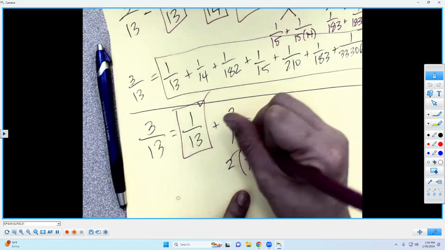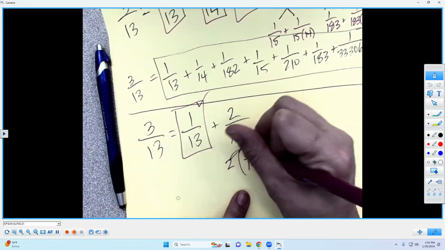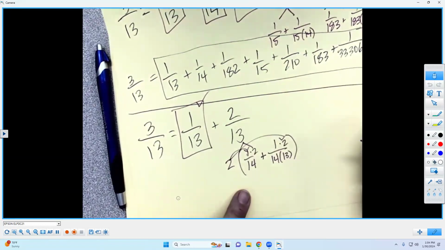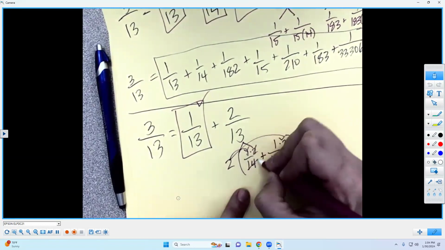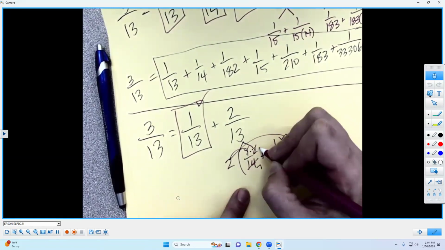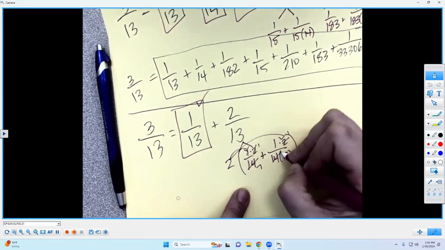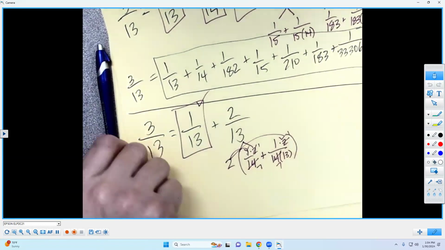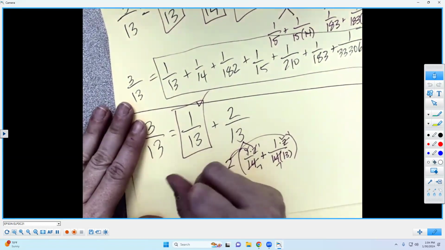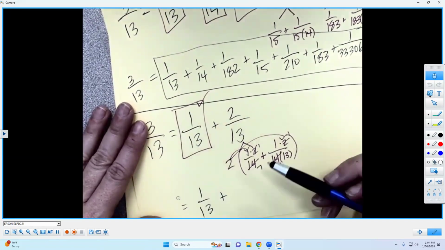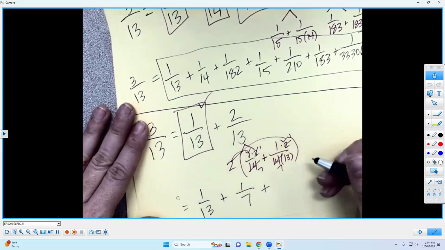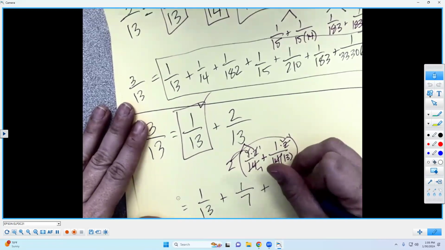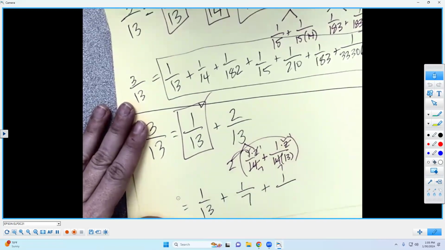And when I distribute the 2 in, you get 2 and 14 reduced to 1 and 7, and 2 and 14 reduced to 1 and 7 again. So it's still 1/13 at the beginning. This first fraction would be 1/7. And the next fraction would be a 1 on top and a 7 times 13 on the bottom, which is 91.